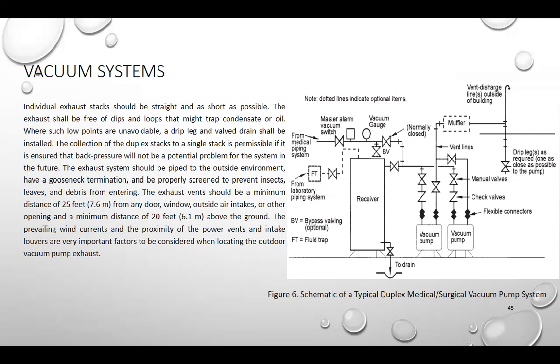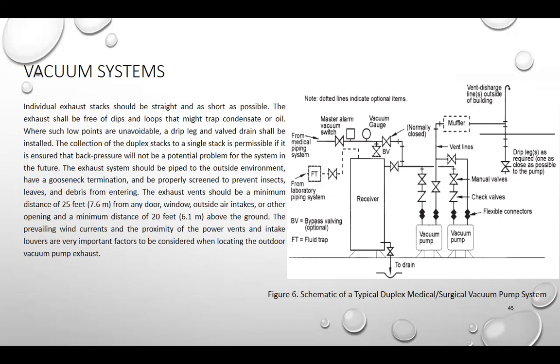The exhaust system should be piped to the outside environment, leaving a gooseneck termination, and be properly screened to prevent snakes, insects, leaves, and debris from entering.